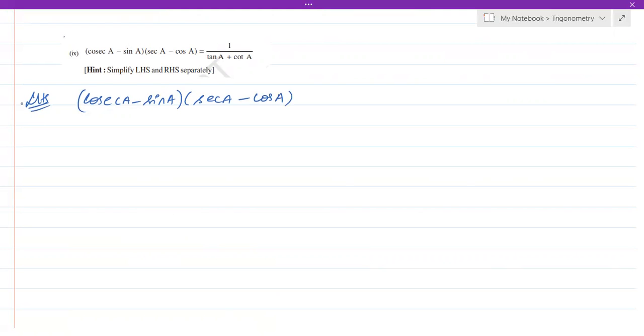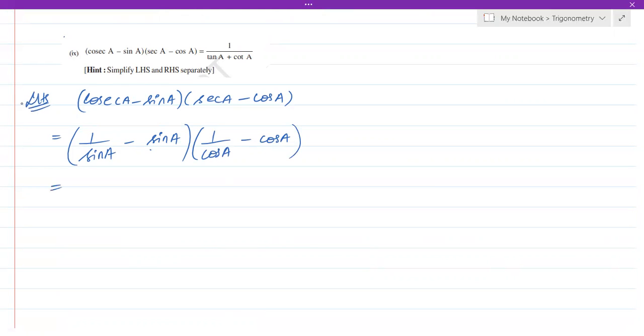Now what is cosecant A? There is no identity, so we are going to convert everything into sine and cos. Cosecant A is 1 by sin A minus sin A. Secant A is 1 by cos A minus cos A.